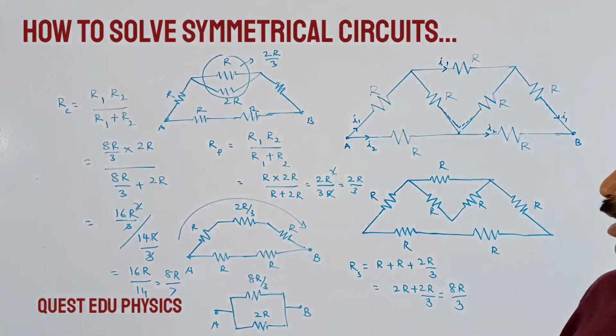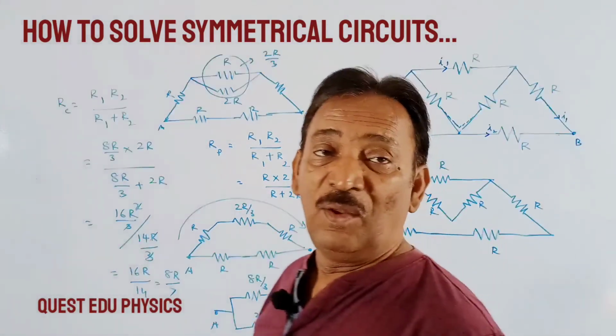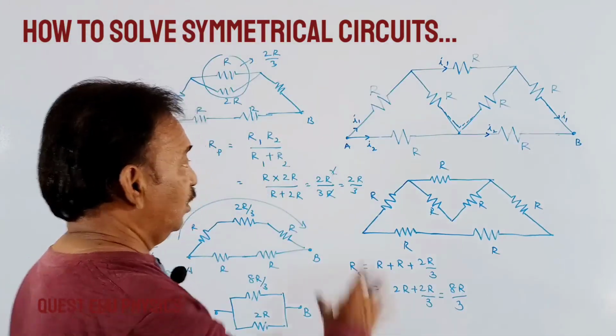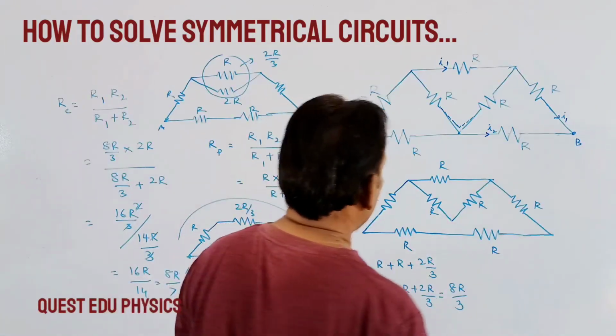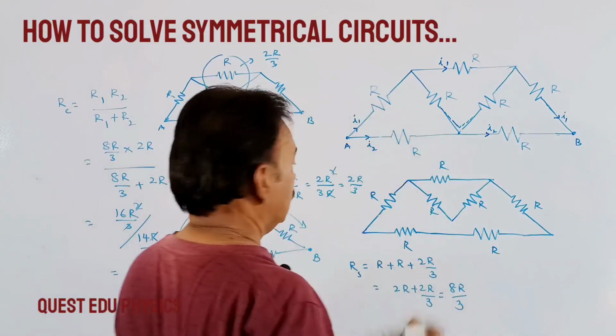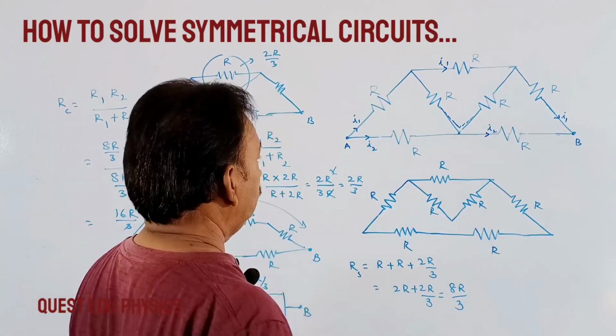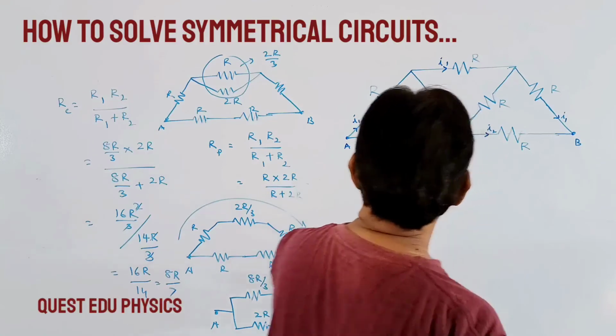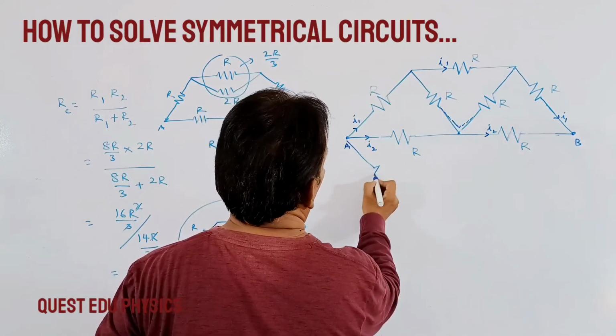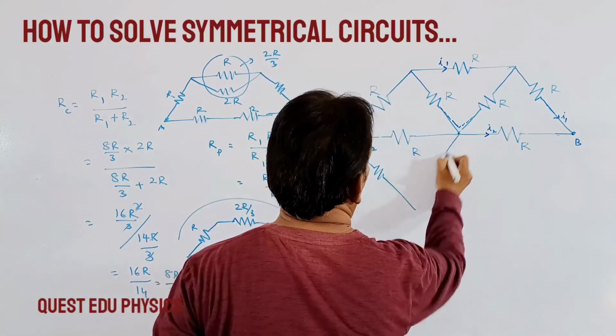Okay, students. Here, if you go with this one, we'll get the similar circuit. It looks like this only. Then, maybe the circuit is like this. Okay. It looks like a mesh. Yeah.